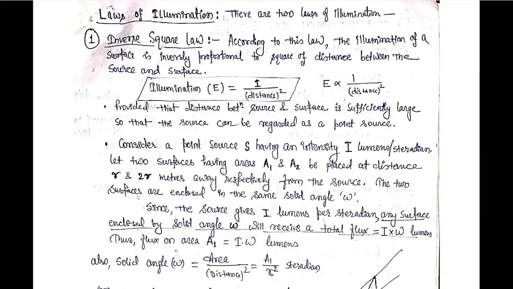The first one is the inverse square law. What does the inverse square law say? It says that according to this law, the illumination of a surface is inversely proportional to the square of the distance between the source and the surface.